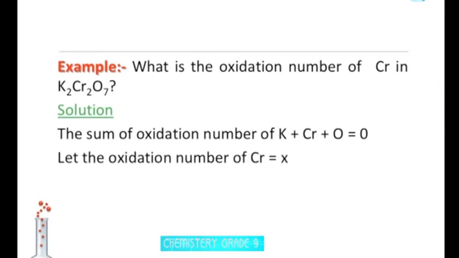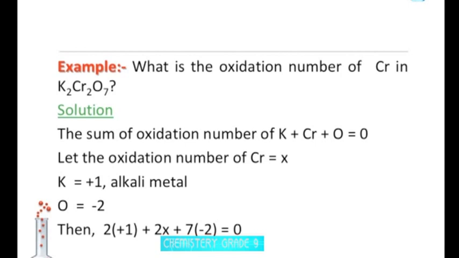So let's solve for X. Potassium is an alkali metal, so as said on the last slide, it has to be +1. We know that oxygen is -2. So we can solve for X. And we find that it has an oxidation number of +6.